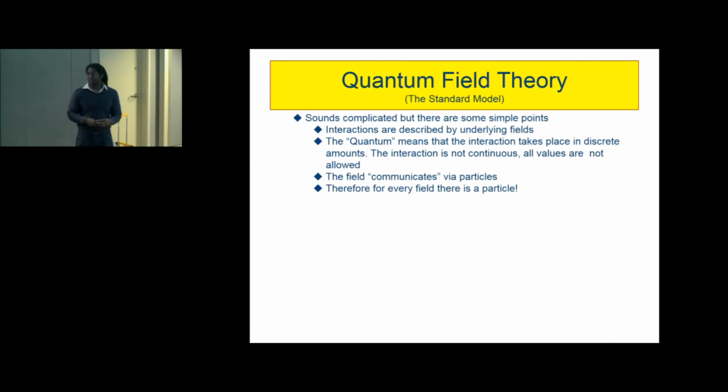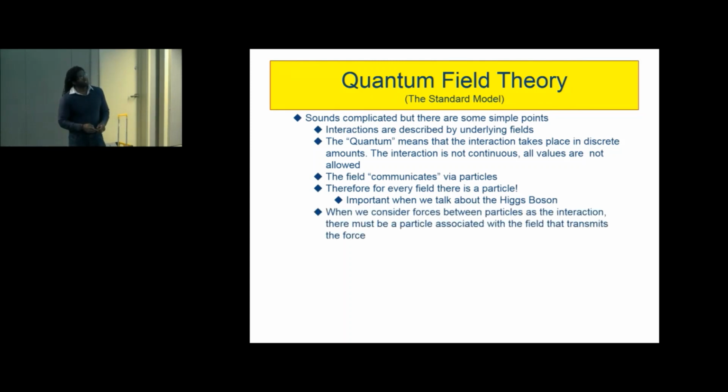The field communicates via particles. So we have a field, and we have an associated particle. That's also important, and it shows the value of the Higgs boson, because you have a Higgs field, so there should be a particle associated with it. When we consider forces between particles as an interaction, there must be a particle associated with that force that transmits the force.